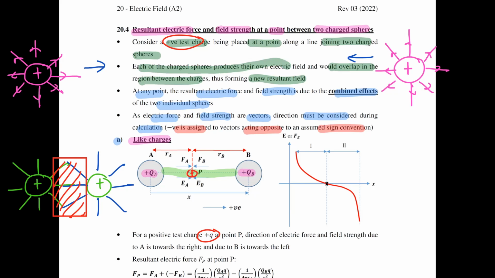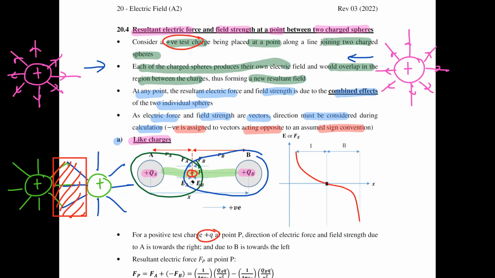In order to find out the resulting electric force here, you have to consider the individual effects of sphere A and sphere B. You have to consider the effects on the charge due to sphere A alone, and then you have to consider the effects on the test charge due to sphere B alone. Once you consider them individually, you add them up.